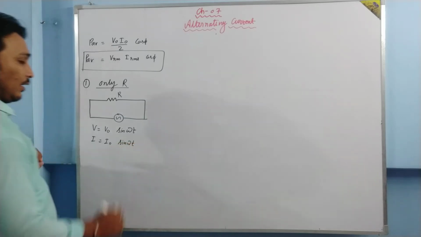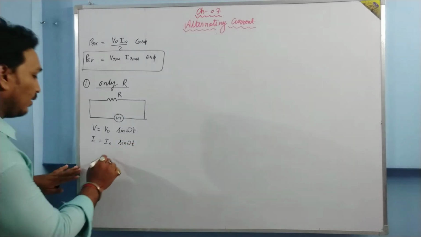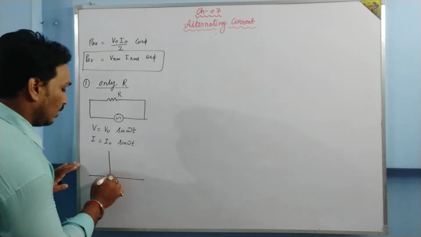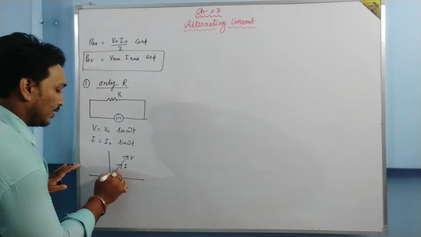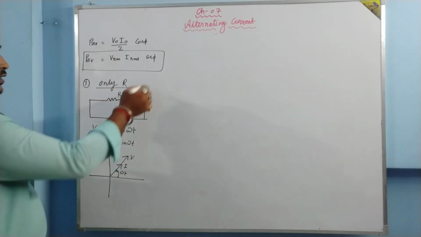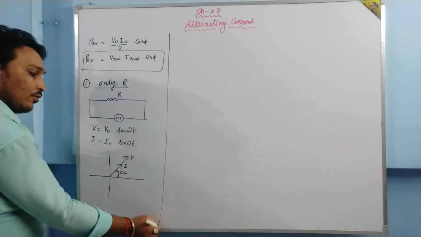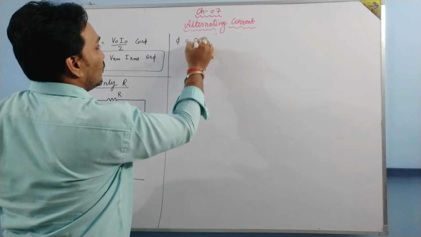If you remember, there is no phase difference when the circuit contains only R. The phasor diagram was like, here we have V and in the same direction we have I, and this angle was omega t. So there is no phase difference. So in this case, phi is equal to 0.